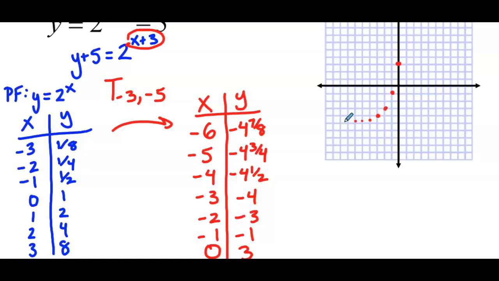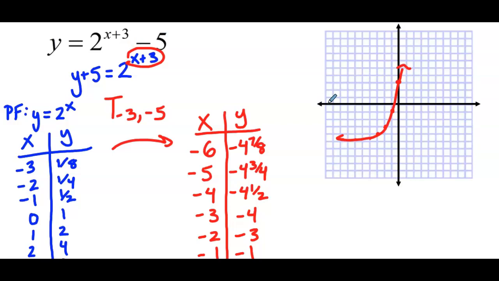Okay, so it looks like we're getting closer and closer to -5, but we'll never quite get there. So we go along -5 through our points, up through our points, and there we have our graph.